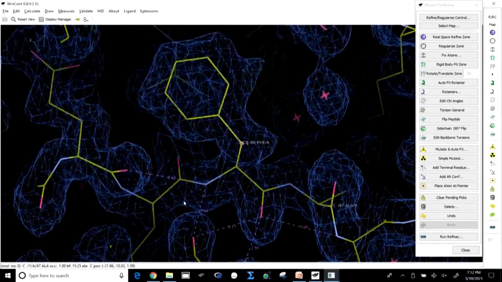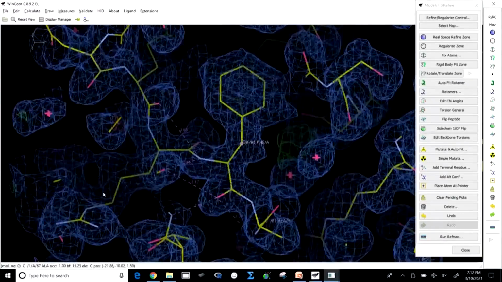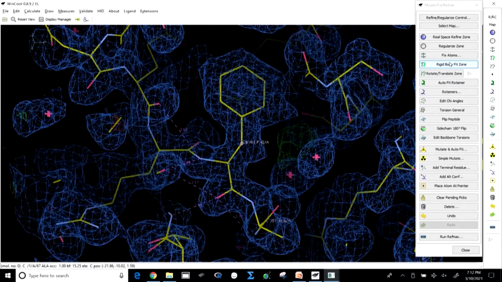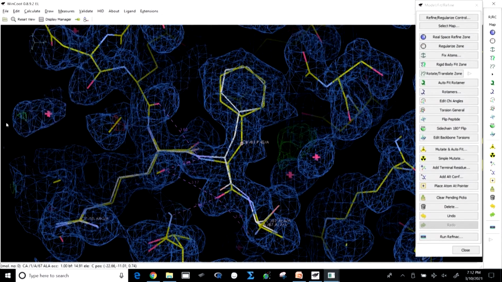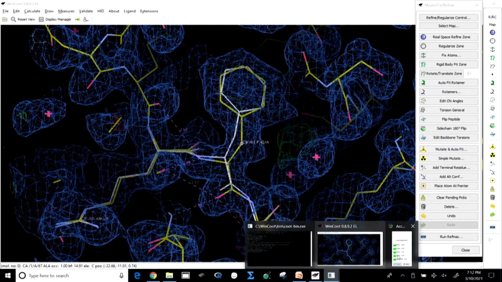So, you see that they are all covalently linked, right. So, to do regularize zone you click here and then you click here, you see the alteration, the structure itself tries to regularize, and to do that it makes small changes. So, you will see the changes which are observed here.